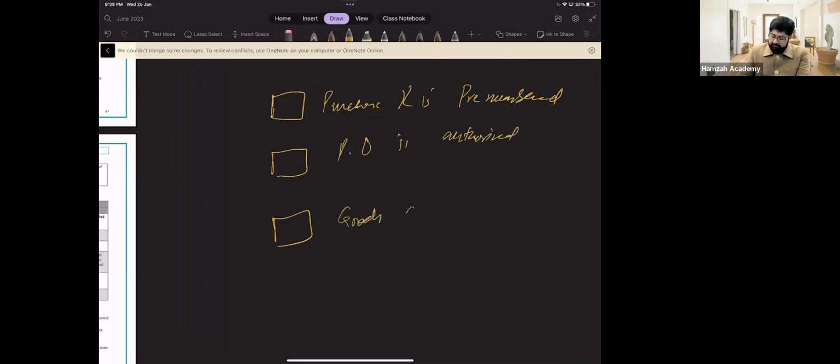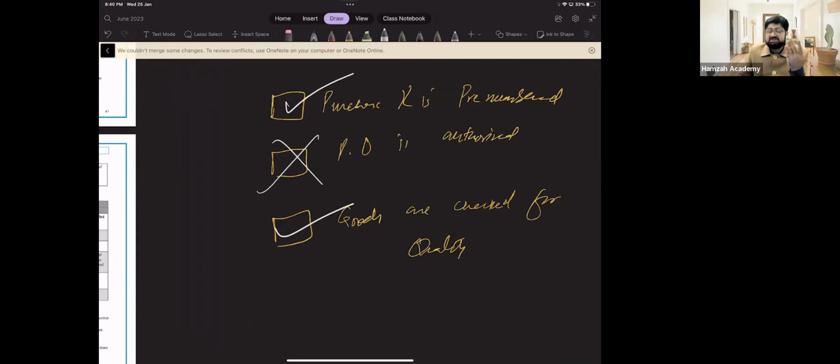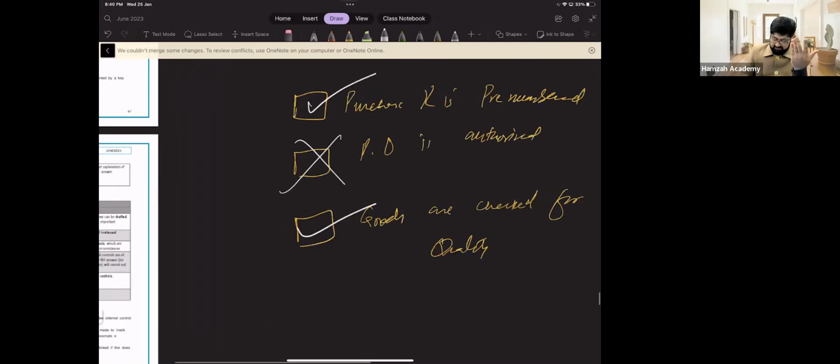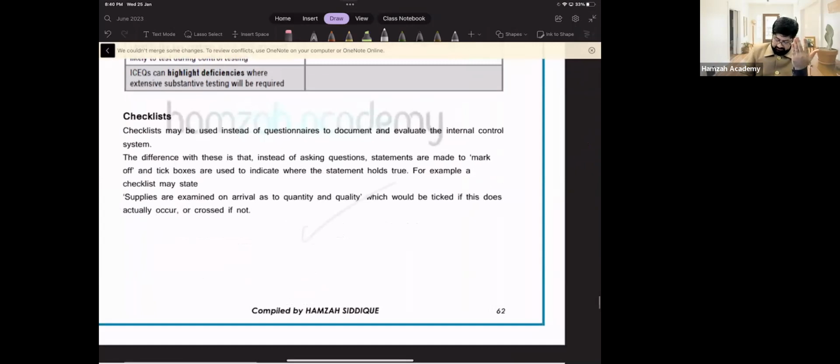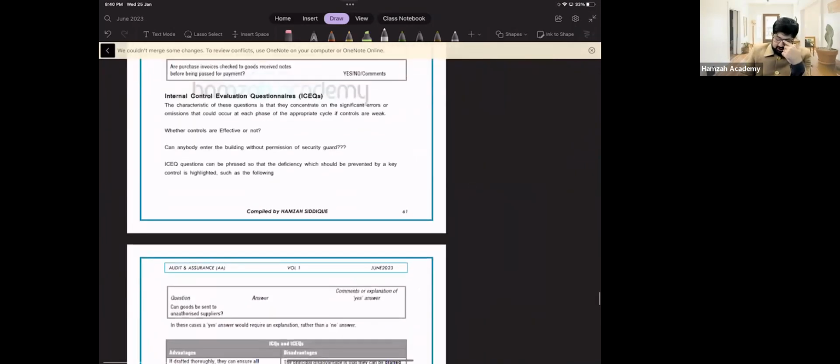Goods are checked for quality. I have made this list. Now I go to the company and I ask them, the first point, is it there? Purchase requisition? Yes. Okay. Is it not there? No. Is it there? Yes. This is a checklist, a way to record controls. So a checklist is given. Now, the next is questionnaires.